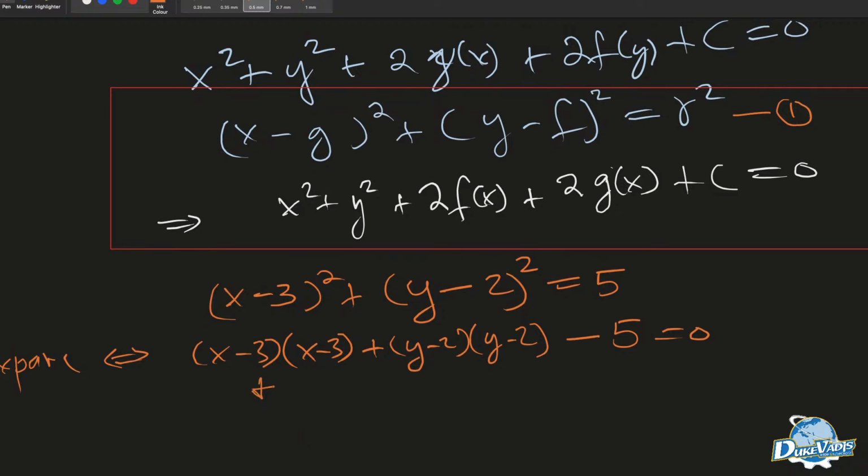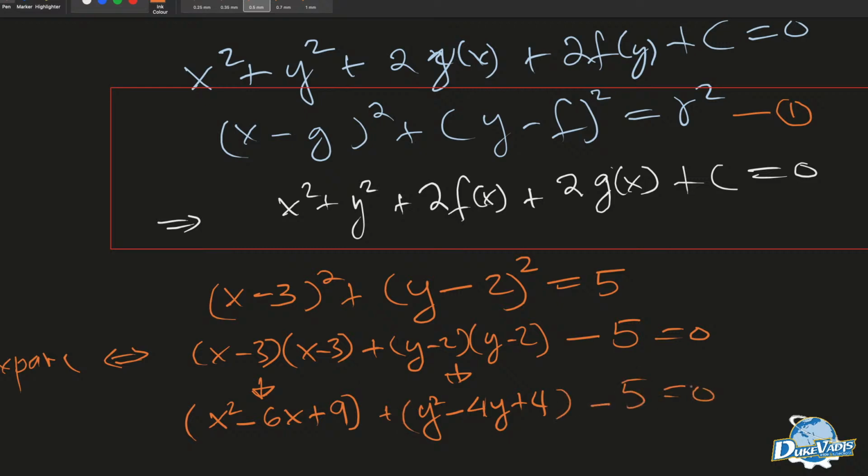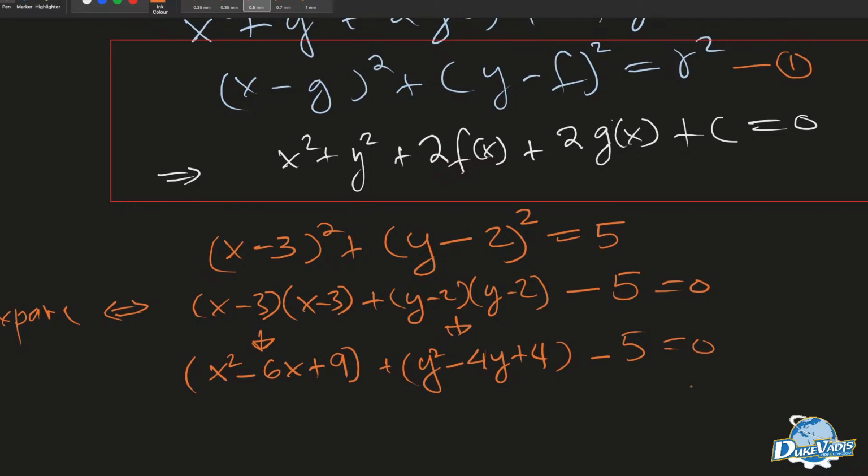So when we expand this, we get x squared minus 6x plus 9. When we expand this one again, we get y squared minus 4y plus 4. So these are two quadratic expressions, and minus 5 is equal to 0. Now, friends, we can separate them.